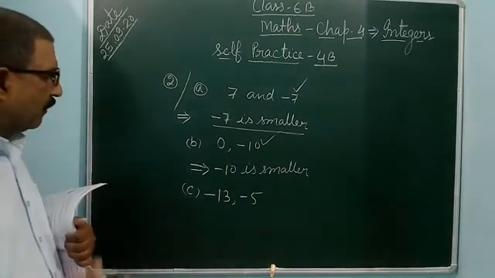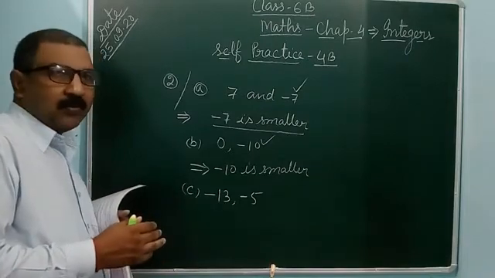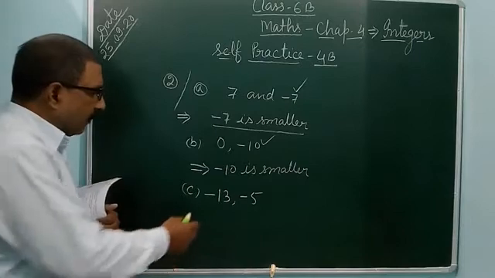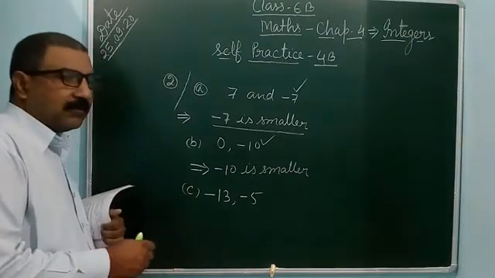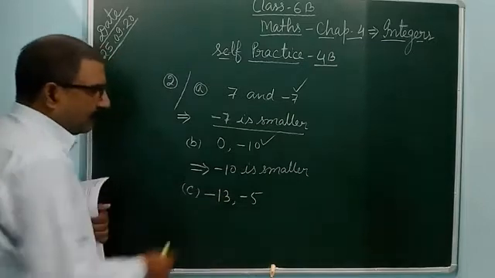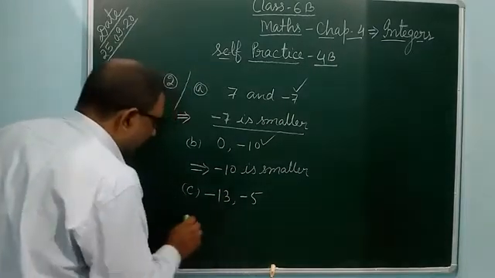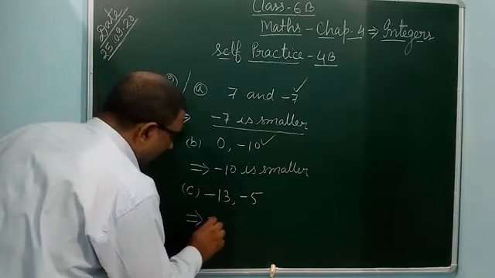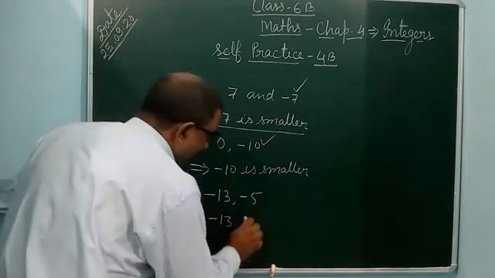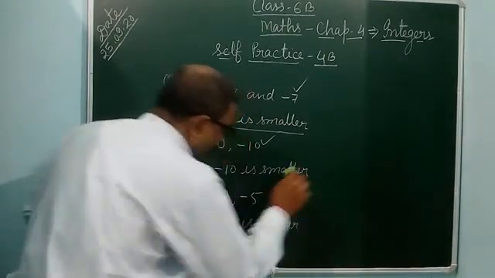So for negative integers, if a number lies to the right side as compared to the other number, it means that it is greater. So minus 5 is greater and minus 13 is less. So minus 13 is smaller.